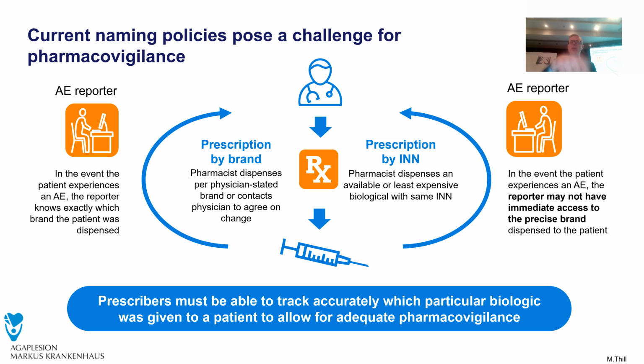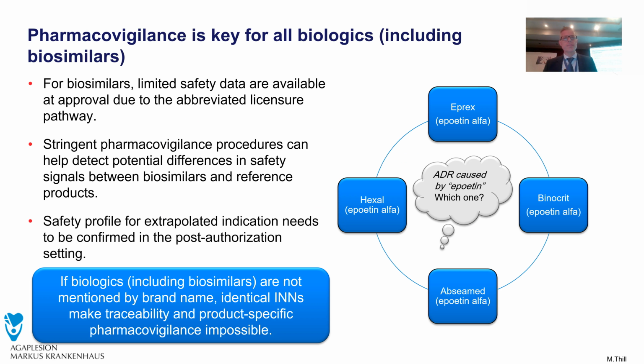But if I write down a brand name, then he is forced to communicate with me if the compound I prescribed is not available. Therefore, we as prescribers must be able to track accurately which particular biologic was given to a patient, to allow, in the end, adequate pharmacovigilance.